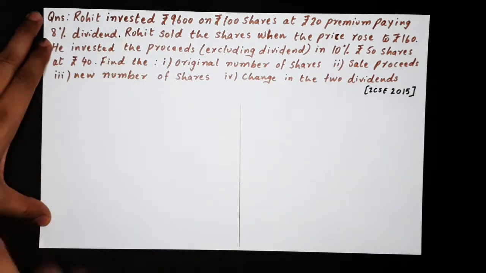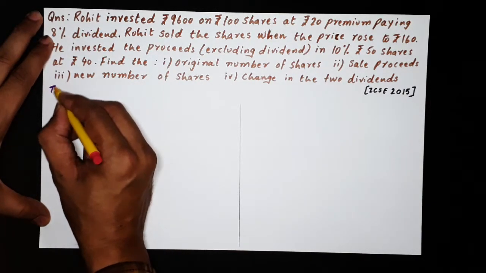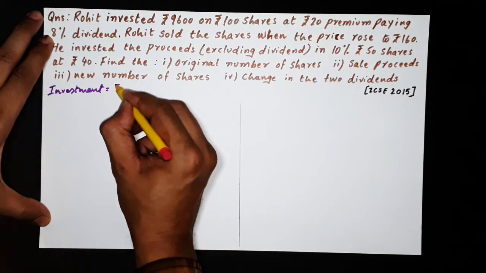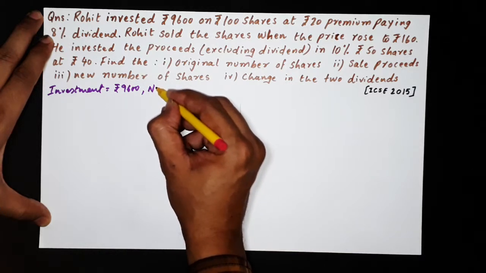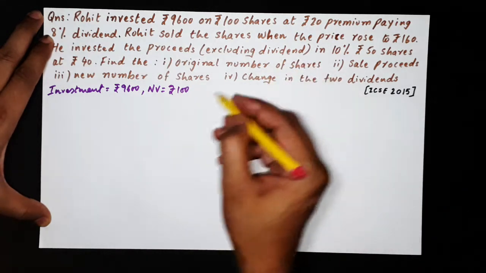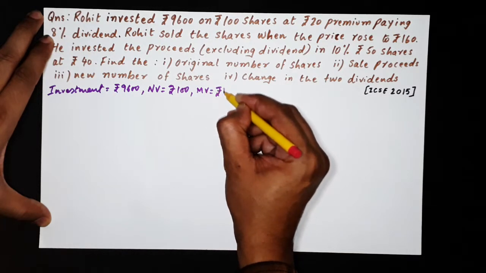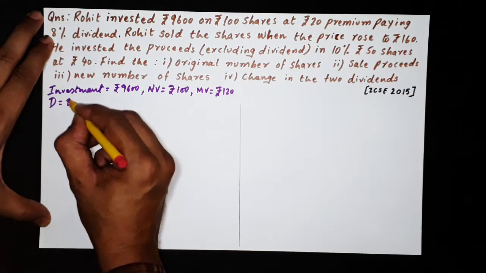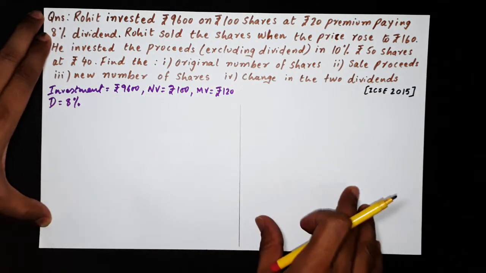Till here, what is given to us is the investment for the first part, which is rupees 9600, and the nominal value is rupees 100 and 20% premium, so the market value becomes 120. And the dividend percent is given, which is 8%.